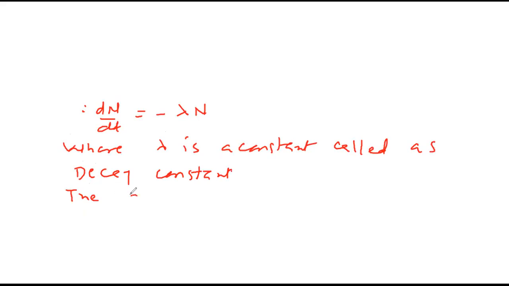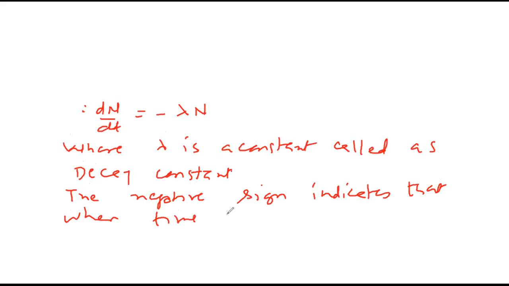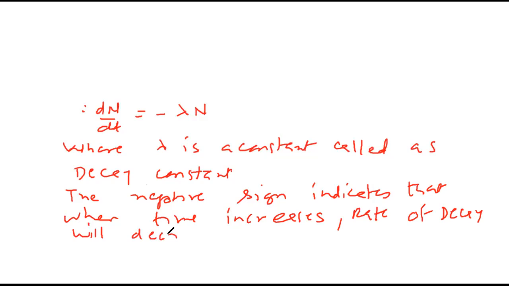The negative sign indicates that when time increases, atoms will decrease. So rate of disintegration will start decreasing. When time increases, rate of decay will decrease. This is the meaning of negative sign. Copy these 3 lines again.